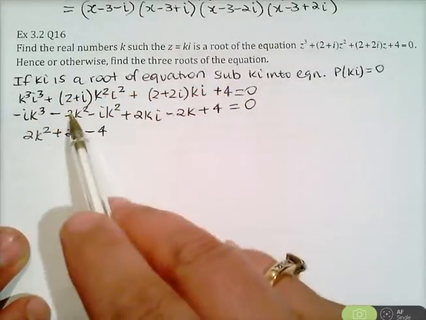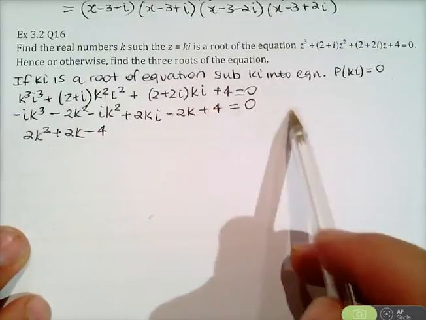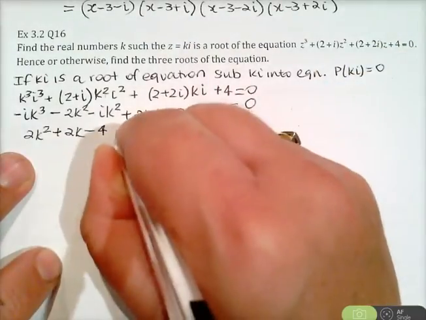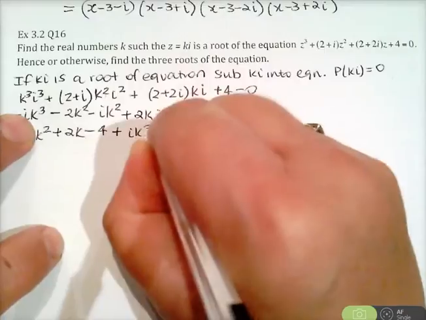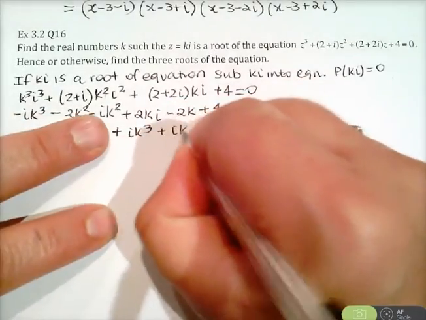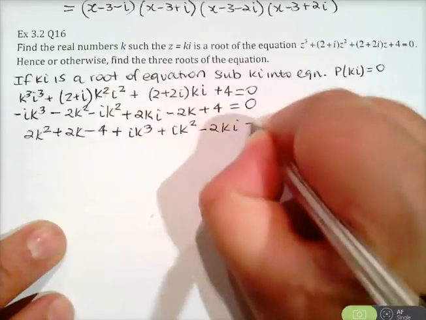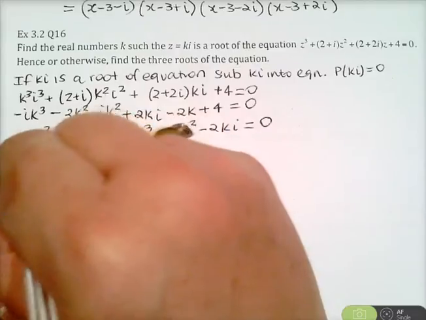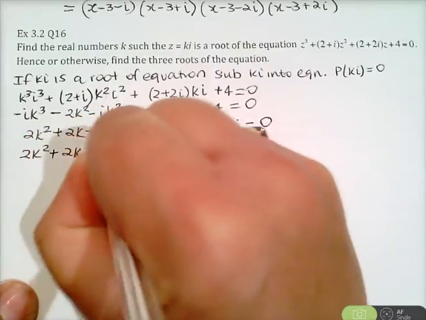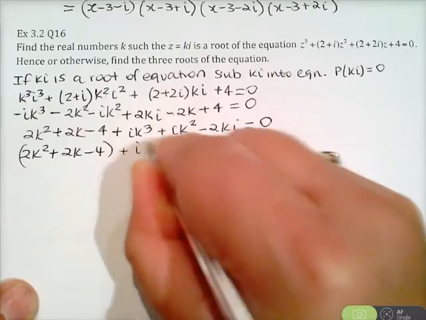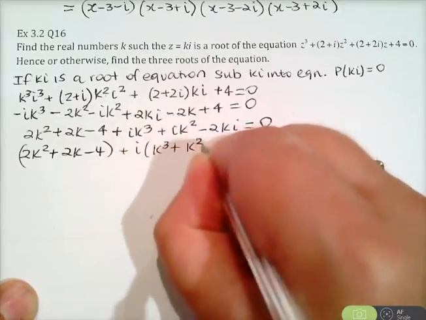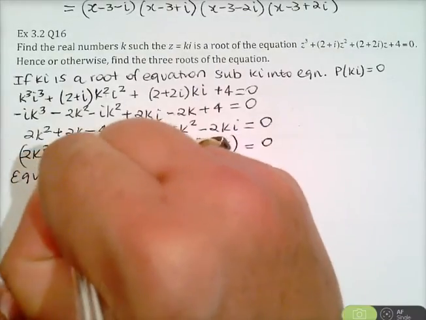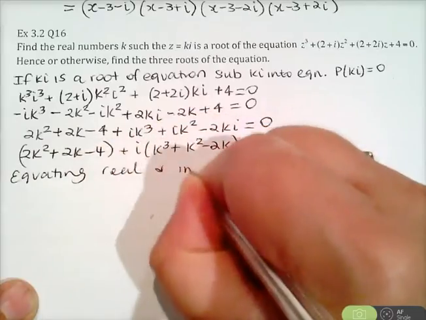What I'm doing is taking the 2k squared to the other side, the minus 2k over, the plus 4 over, and doing the same with the i terms. Now I've got plus ik cubed plus ik squared minus 2ki equals 0. And so our real part, and we're going to factorize this, we've got 2k squared plus 2k minus 4 plus i times (k cubed plus k squared minus 2k) equals 0. So now what we're going to do is equate real and imaginary parts.